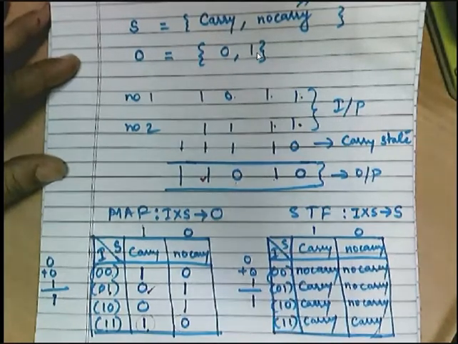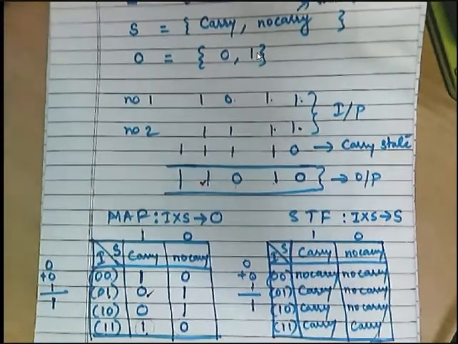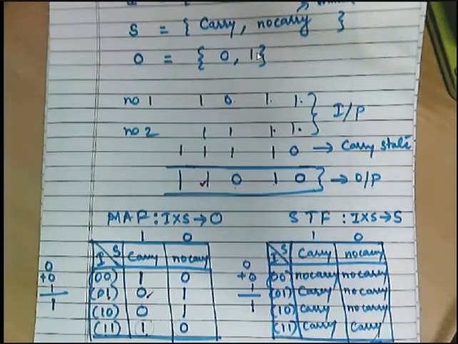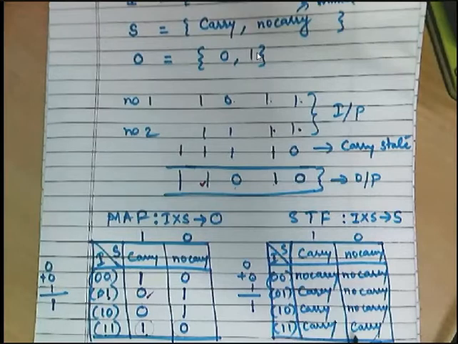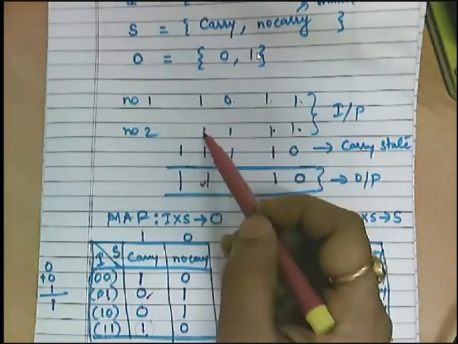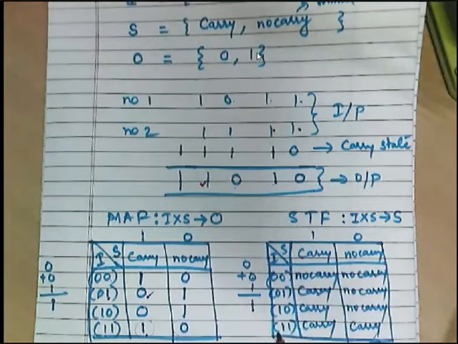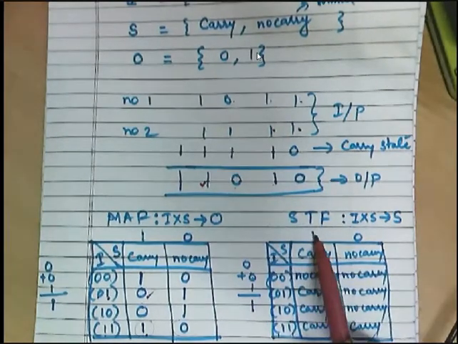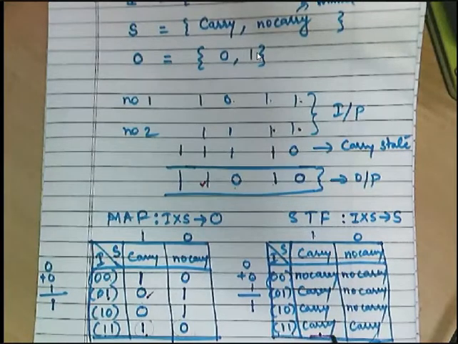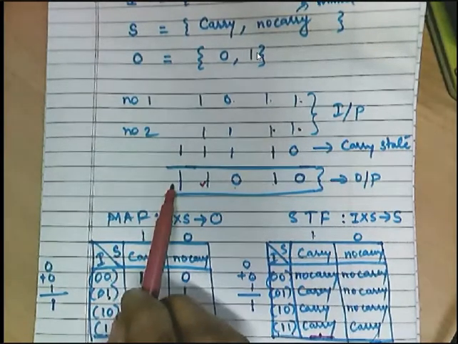Now what about the next state? Whether it will be remaining in a carry state or no carry state, we will check from here. So what was our last combination? 1 plus 1 and carry state. It is remaining in a carry state. Since it is in a carry state, we have added this 1 in the output.